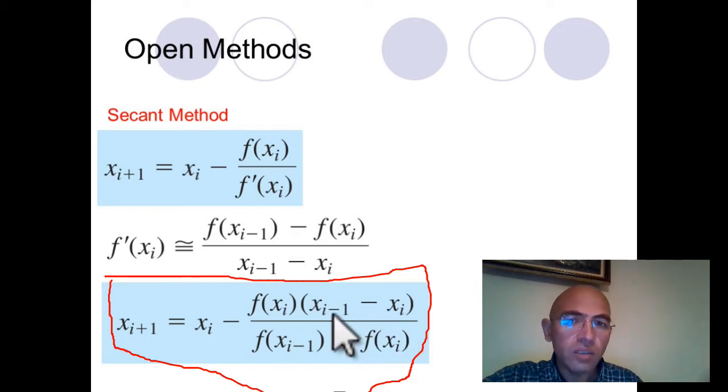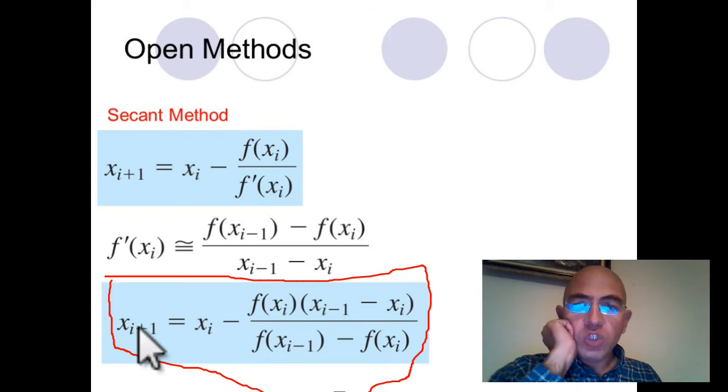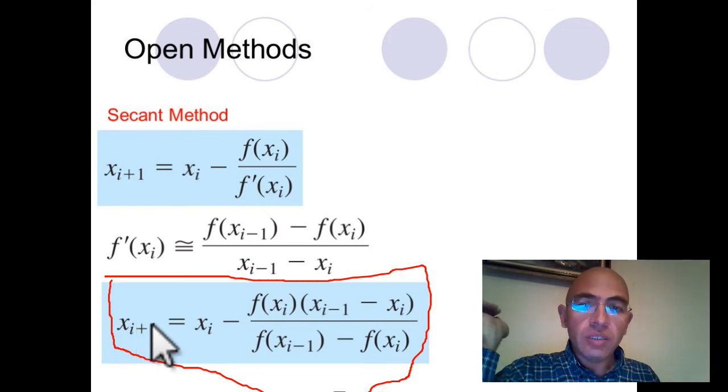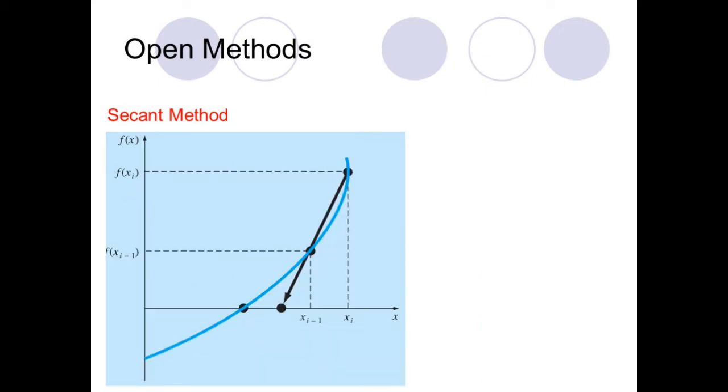Xi minus 1 is the x value in the previous iteration, and xi is the x value for the current one, and then we move to the new coordinate, which is possibly close to the root. Okay, so let's see how it works. We call this technique the secant method, basically.